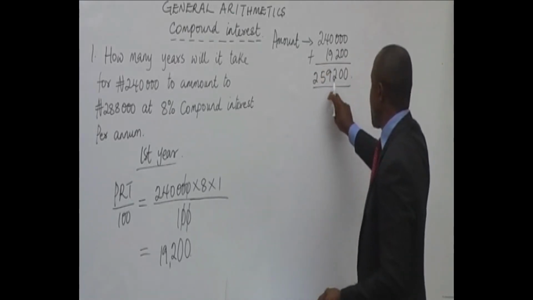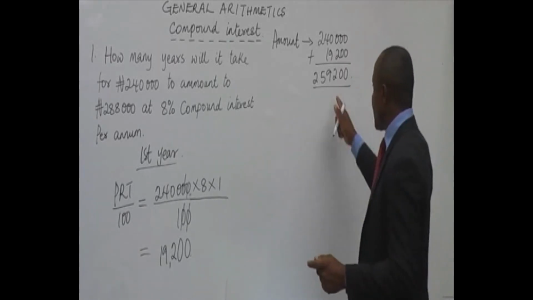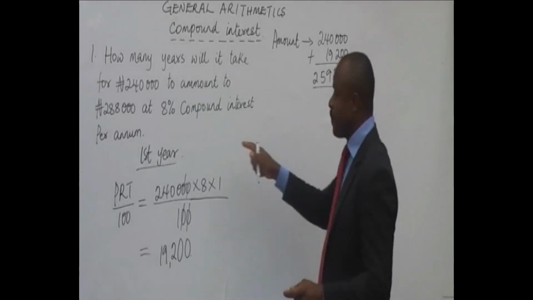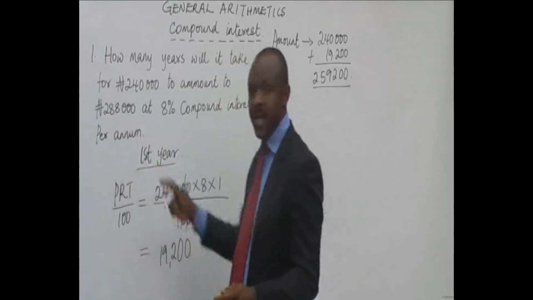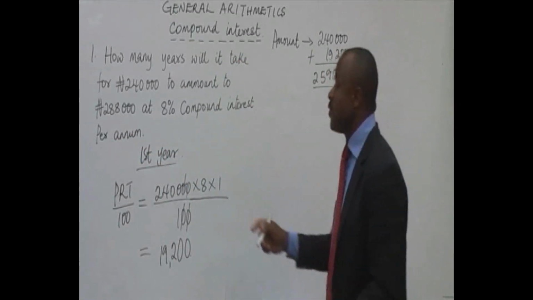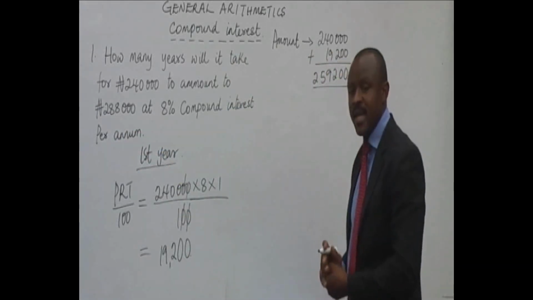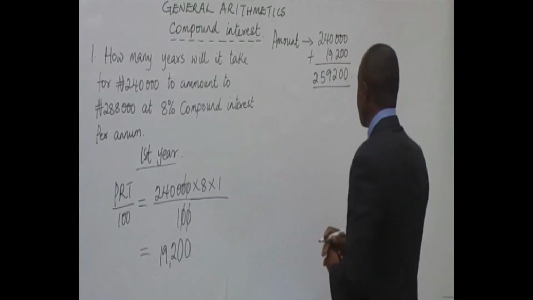So this is the principal you are now going to use for the second year. First of all, you can see that this is not yet up to 288,000. So let's go into the second year and see if we are going to get 288,000 after we have calculated the amount for the second year.